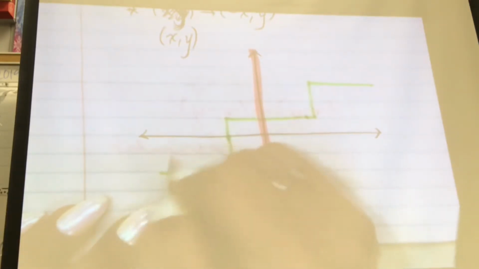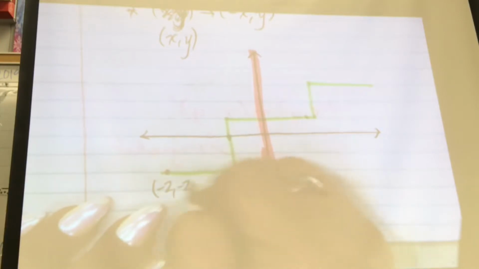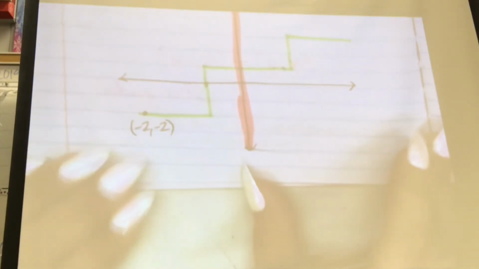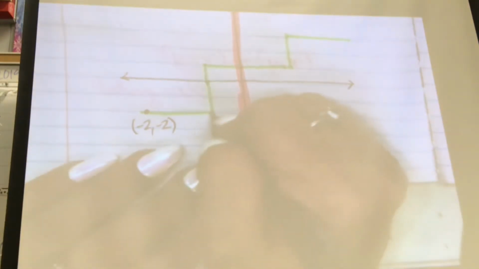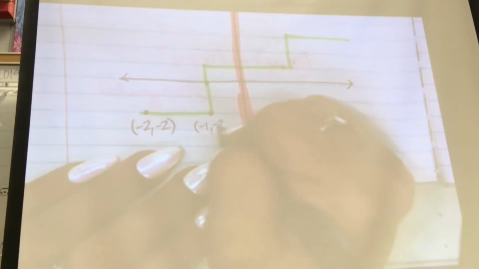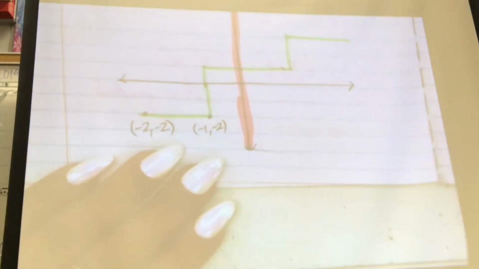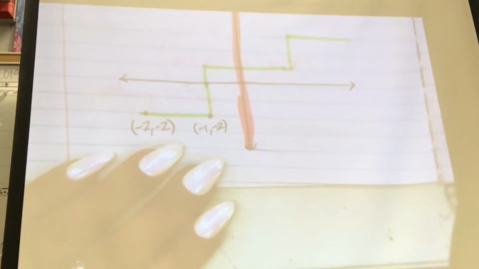Let's go ahead and put our points. Let's say that this is -2, -2. Let's say that this is -1, -2. Boys, I already got people not writing this down. Can you make sure it's highlighted, please? And make sure they write down the points. Let's say that this is -1, 0.